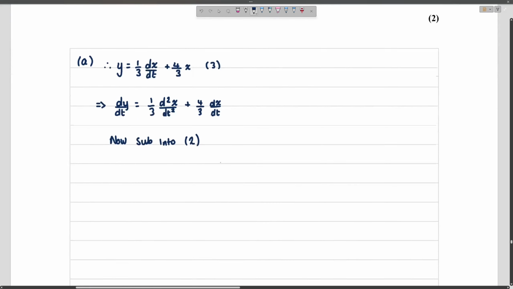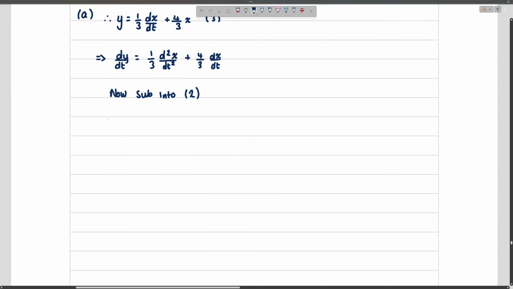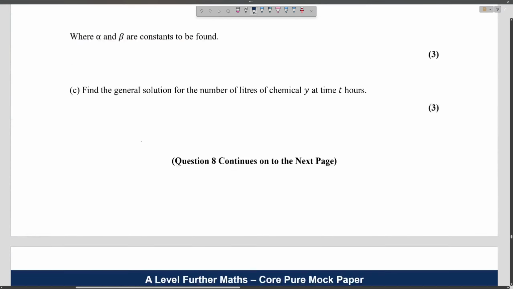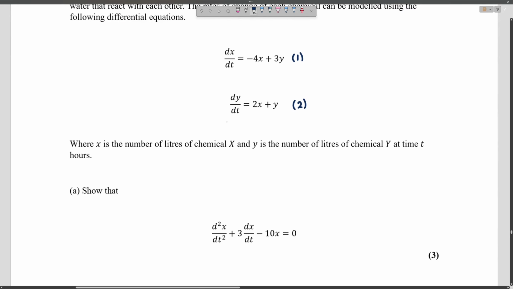Just recall, this is equation 2 here. So if we do that, I get 1 over 3 times the second derivative, that's d squared x over dt squared, plus 4 over 3 dx by dt. So this, if I scroll up to equation 2, that's dy by dt.